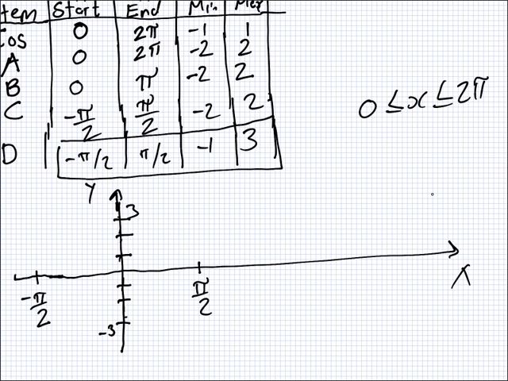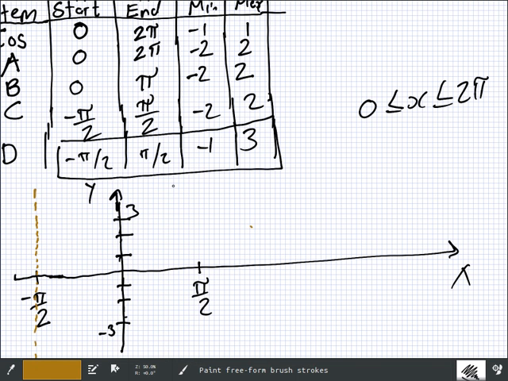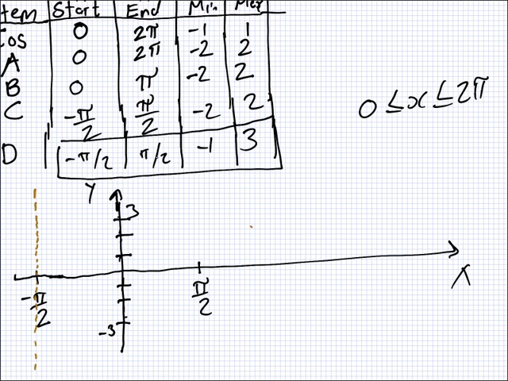Okay, so I'll use brown here to be construction lines. So first you mark off where we start. That's minus pi over 2. So in a light pencil, there's minus pi over 2. Then you mark off where you finish. In this case, it's here. Pi over 2.